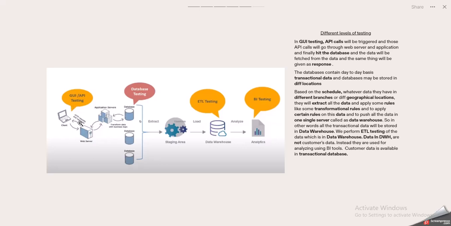Then we check using API tools like Postman, Katalon. We check that the APIs are working or not, that the request and the response are coming properly or not. And after that, in the database, we check whether the information is correct or not, whether the data retrieval and the logic are working perfectly, and whether all the possible data contain proper validations. All those things we have covered till now.